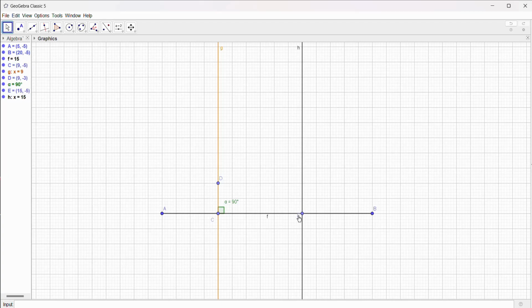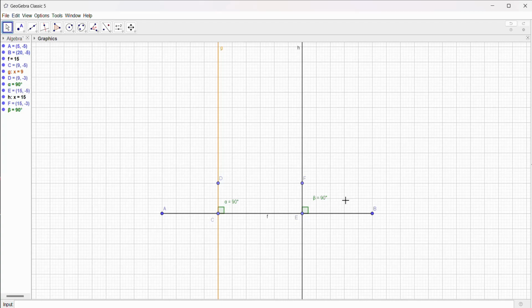So E is the intersection point now. Now I'm going to measure the angle formed at point E. The angle formed is angle BEF. Let's measure it, BEF. And the measure of the angle is 90 degrees. So from here, I hope it is now clear to you what the meaning of perpendicular lines is.